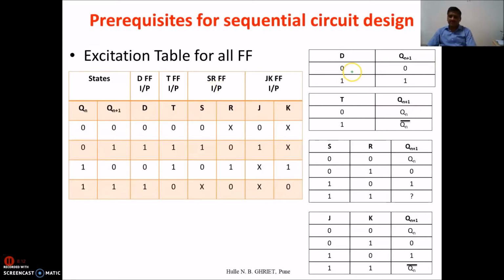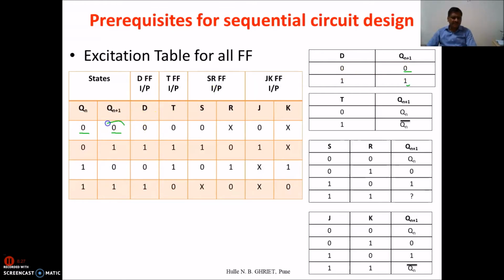Now, in case of the D flip-flop, whenever the input is 0, the output is always 0. We are talking about the next state here. Whatever the previous state may be, the next state will be 0 whenever the input is 0 and 1 whenever the input is 1. Now look here, the previous state is 0, the next state we want is 0. Then what should be the input applied? In the D flip-flop, the input will be 0.